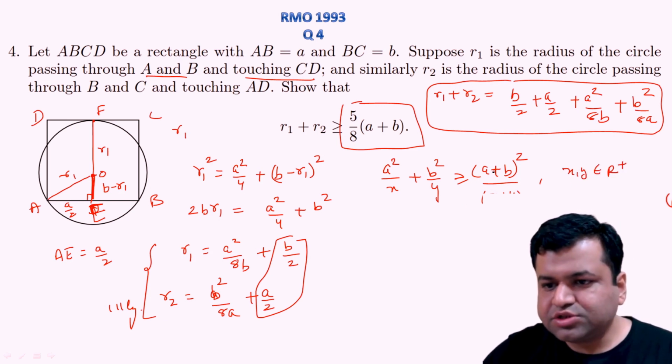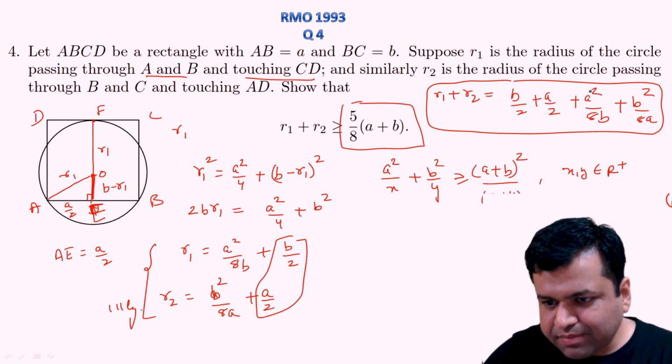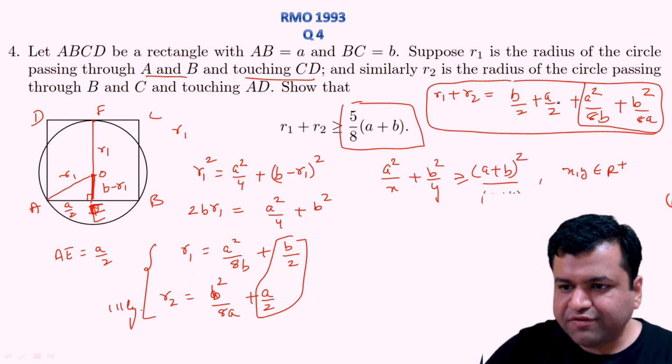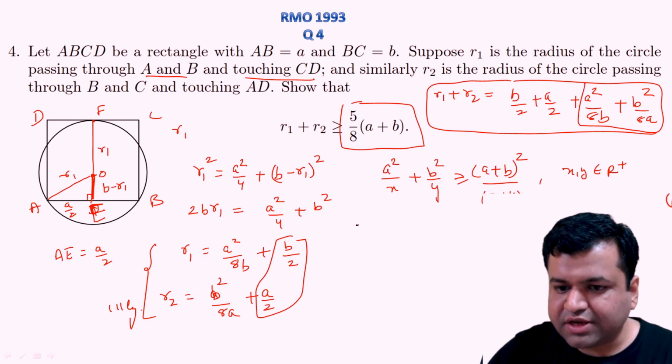So if we apply this lemma only on this part, that will be greater than or equal to a plus b whole square upon 8 times a plus b, right.